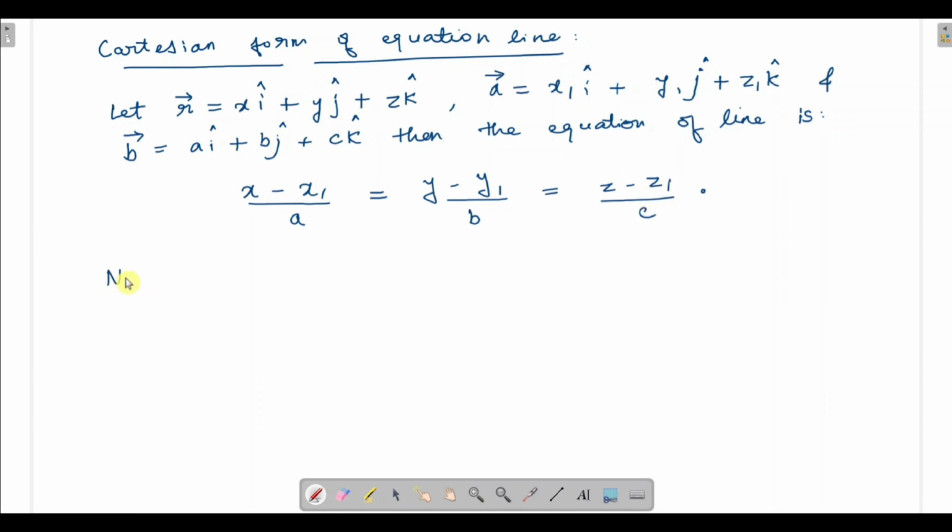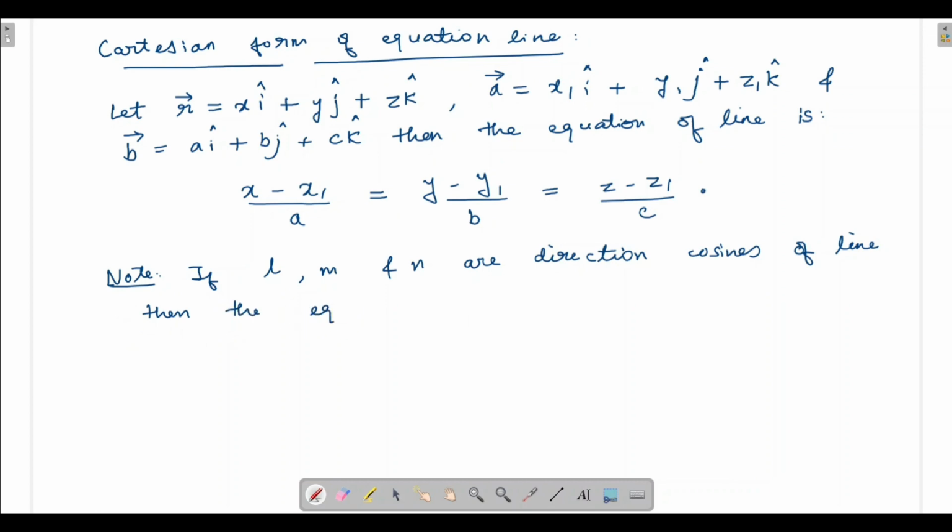Now note, if l, m and n are direction cosines of the line, then the equation of line is this: x minus x1, which is the same, divided by l.